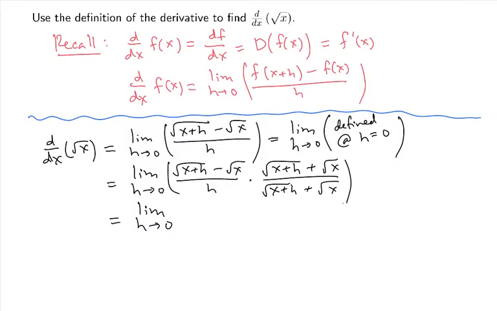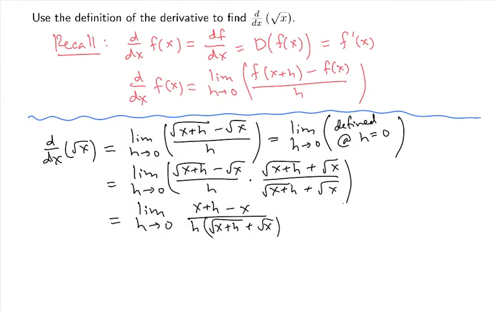So when I multiply these factors together, I'm going to get x plus h from the product of this term and this term. I'm going to get minus x from the product of this term and this term, and then the cross products will cancel. I've designed it to be that way. On the bottom, I have h times the quantity square root of x plus h plus square root of x.